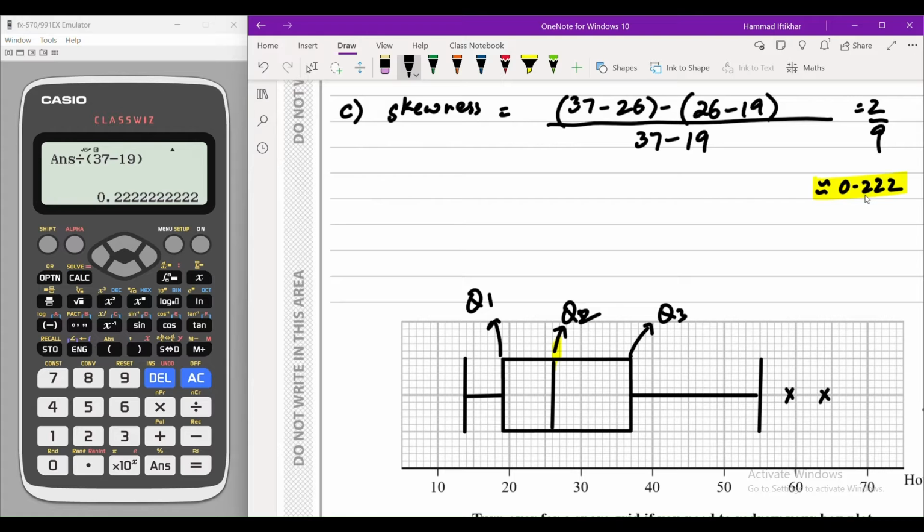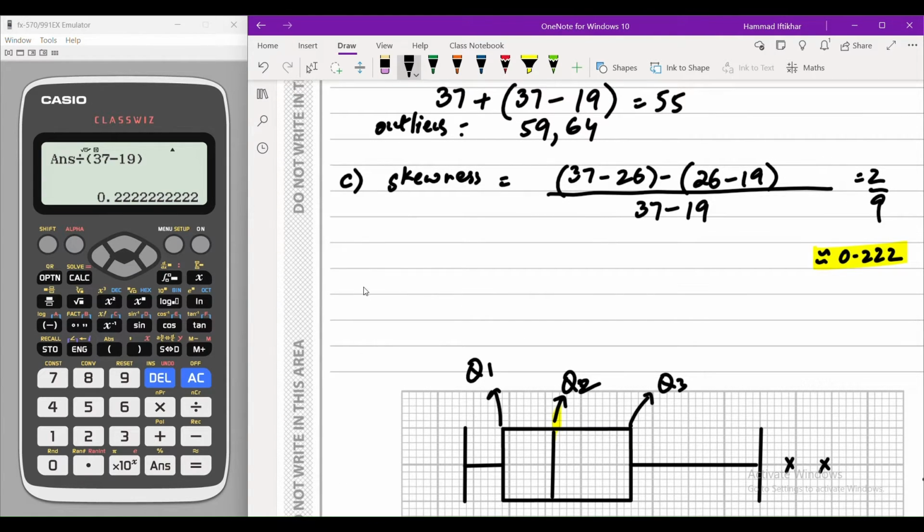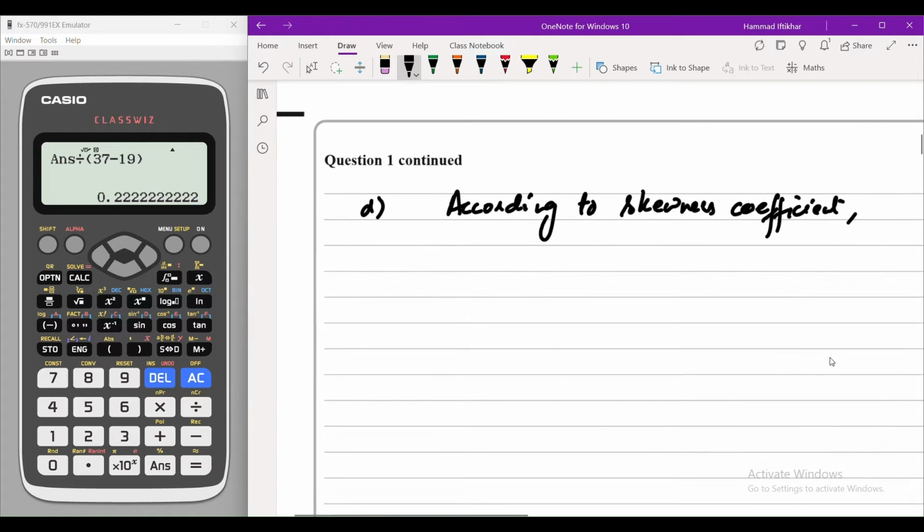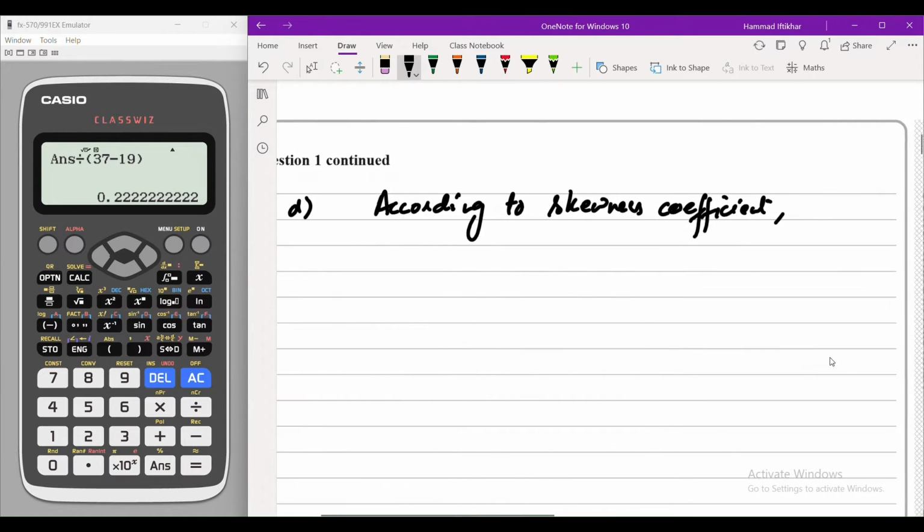So that's not that big of a deal. So what we'll say over here is, according to the skewness coefficient, the data is skewed very slightly, almost negligible.